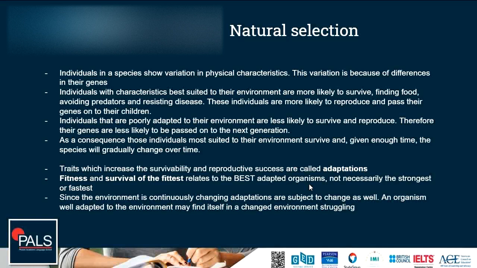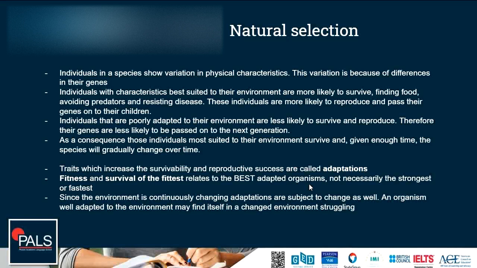Because we have variation, individuals are different, which means some individuals may have a higher chance of finding food, making use of food, avoiding predators, being better camouflaged, for example, or being able to resist disease better than other organisms.